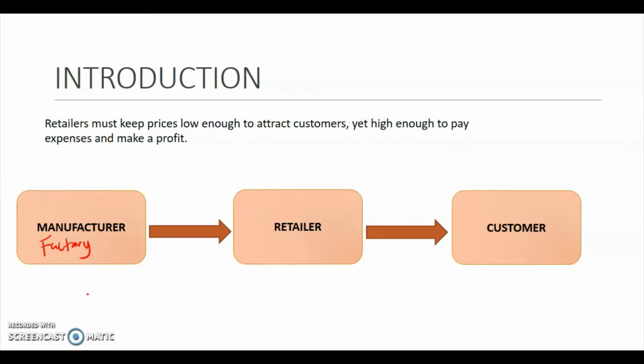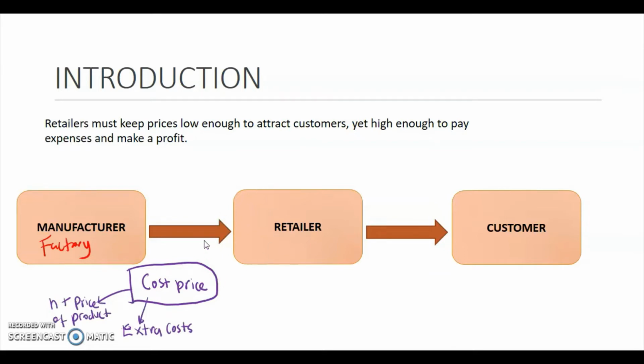The retailer will buy the product from the manufacturer and pay a certain price, and that price is called the cost price. This cost price includes the net price of the product and also the transportation costs, insurance costs, and other handling charges.